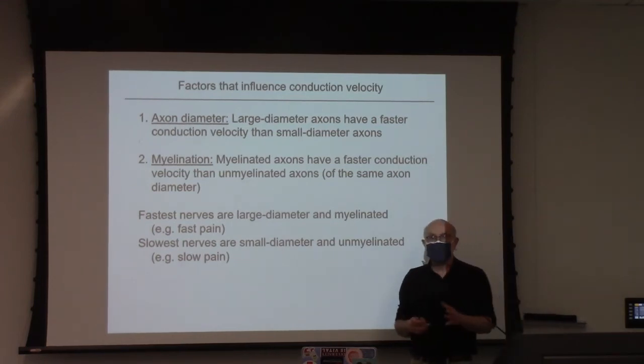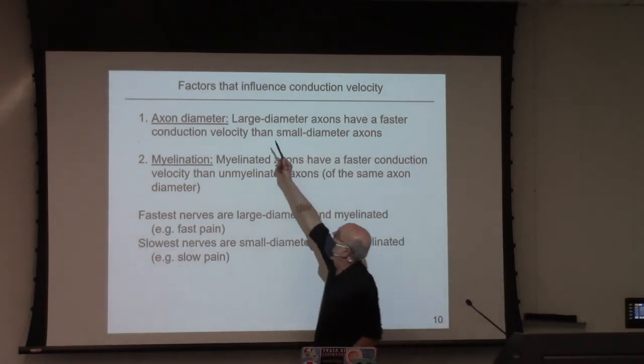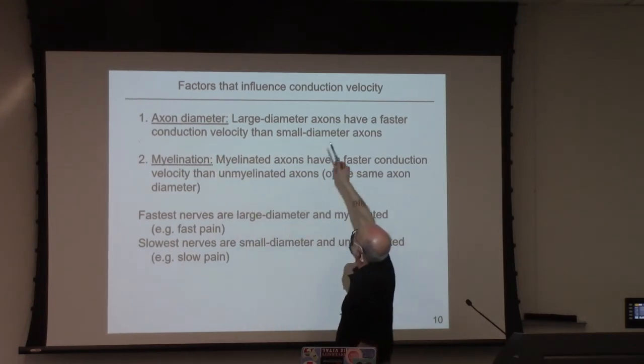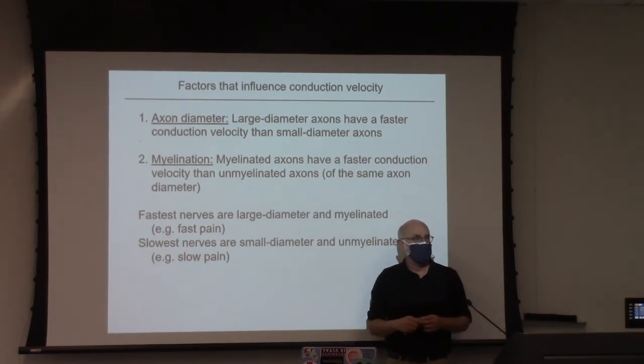The two mechanisms that all animals use to speed conduction are either to increase the diameter of the axon, because large diameter axons conduct faster than small diameter axons.